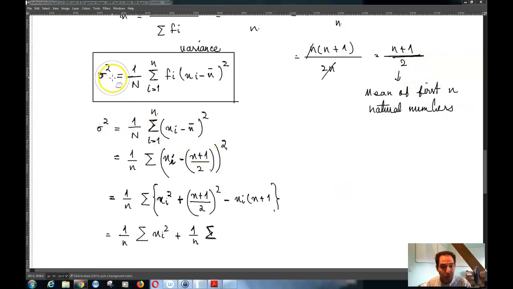So you can write that as sigma squared is equal to 1 over n times sigma of x of i.